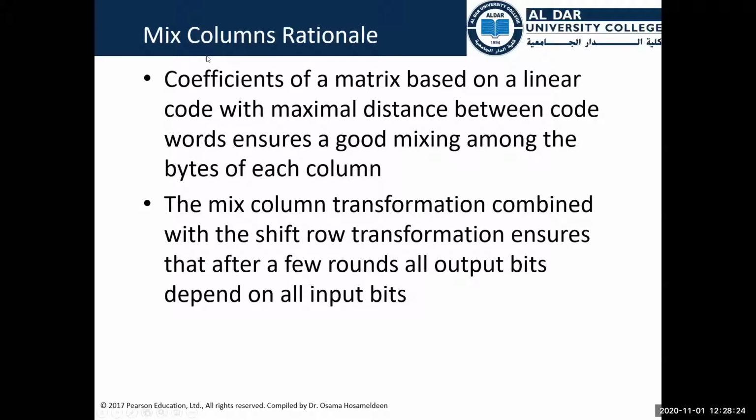Let's move to the most difficult part in this lecture, which is mixed columns. The coefficients of mixed columns ensure the maximal distance between code words, and that ensures good mixing among the bytes of each column.